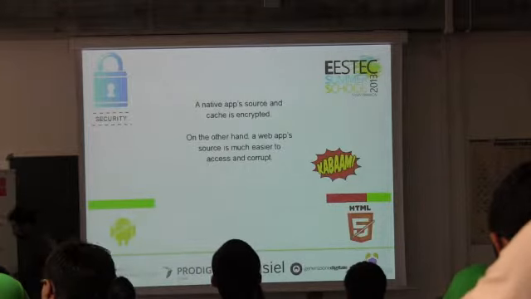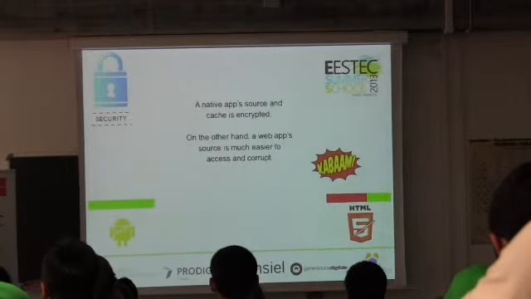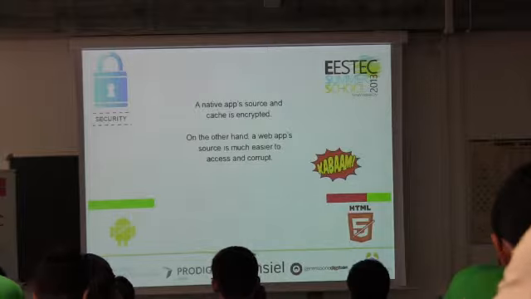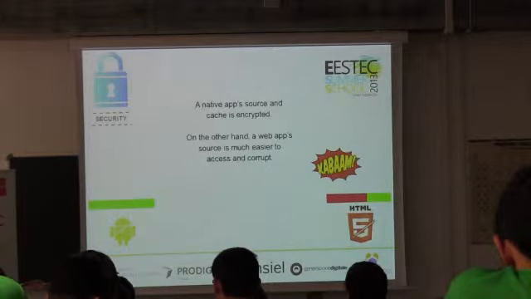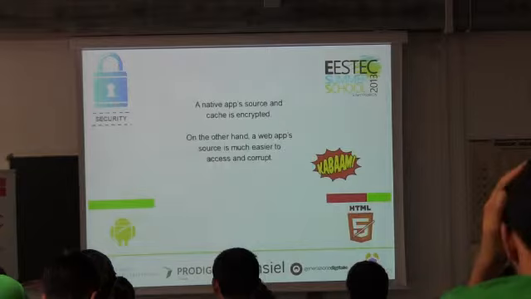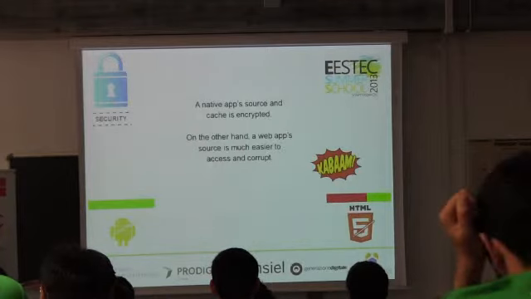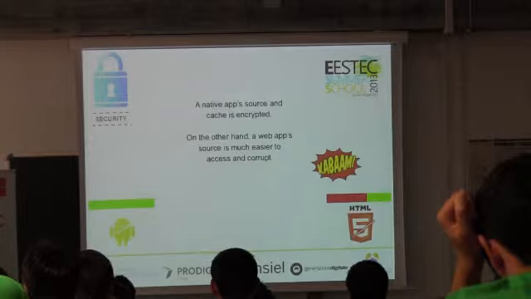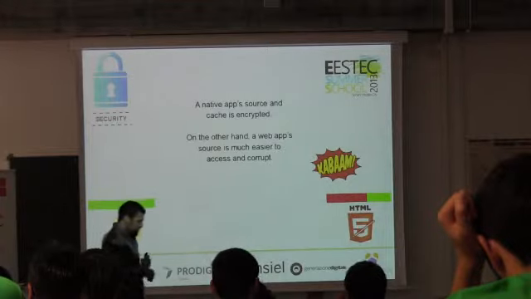But in the case of HTML5 web apps, it's easy. You can go there and download all the pages, and you can see the JavaScript code. It can be minified, but come on, we can decompress it with some tools. It's easy to access in the browser. If security is important for your application, you definitely go to the native app side.